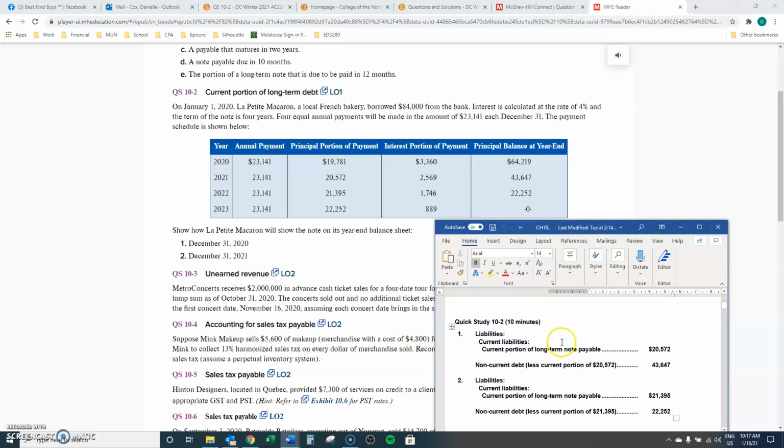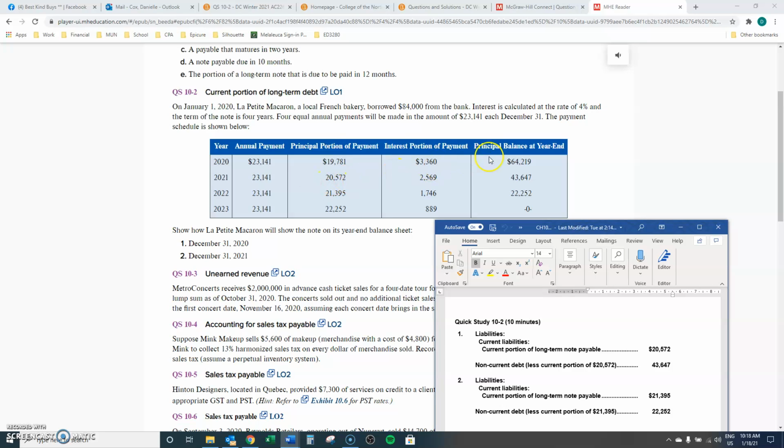Well, someone asked, why is the current portion $25,772 and not $19,781? At the end of 2020, we're showing the current liability, so the current portion of the long-term note payable, and we're showing the long-term portion. We're not showing what was paid that year. We're showing what is due to be paid in the next 12 months, in the next year. So the amount that's due to be paid, we account for the principal portion.